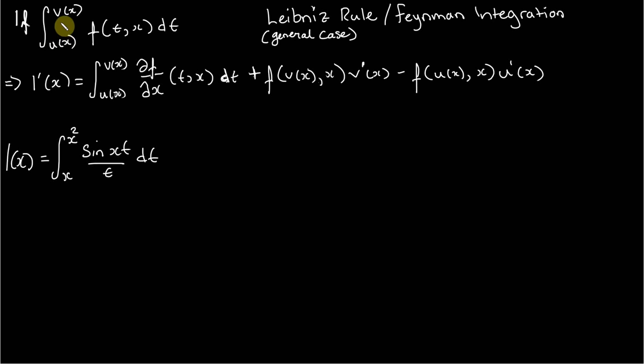The upper limit is also a function, denoted as v of x, both differentiable functions. And then we have some f of t, x, and we're integrating all of that with respect to t. This sets us up for the general case of the Leibniz Rule.